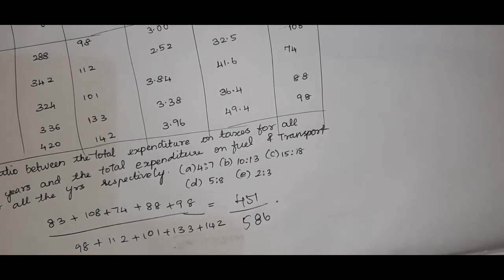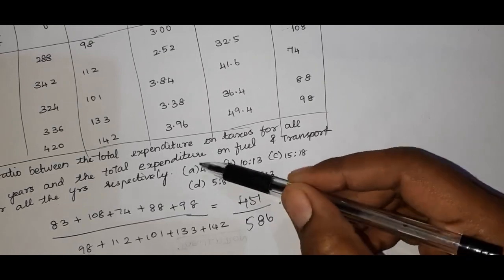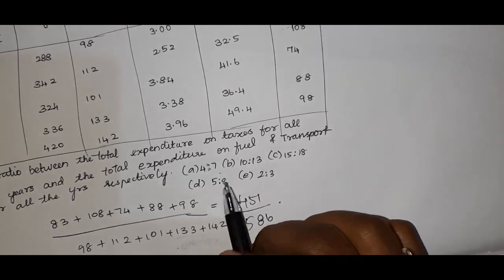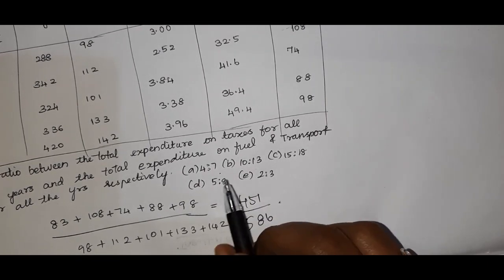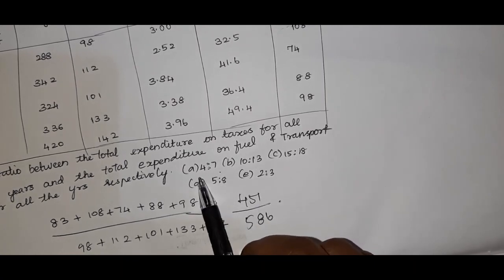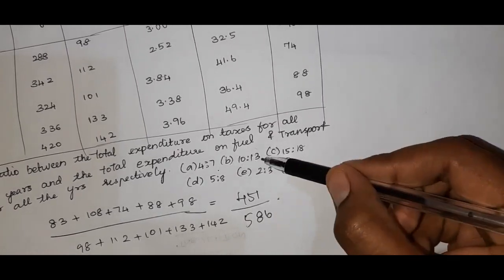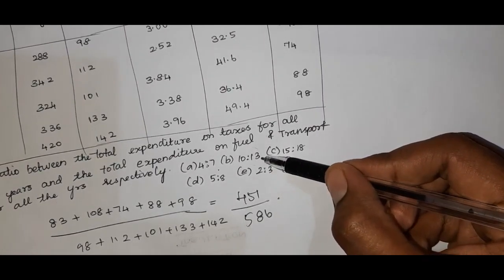From the given options, let's see how to calculate. That is 4:7. By multiplying some value into 4, we should get the ending value as 1. With the 4, we do not get any value ending with 1. So let's get into option B, 10:13. With the 10 also we won't get anything ending with 1.